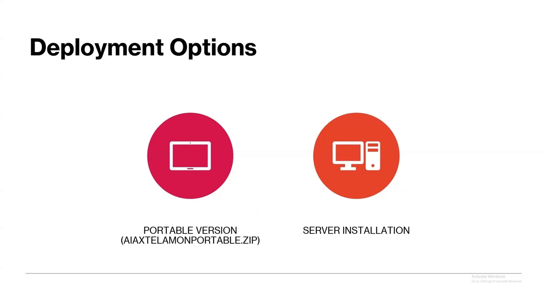This version is self-contained and doesn't require installation, just unzipping. And then we have a server-side installation, which requires self-installation on your own server, including setting up your own PHP and your SQL database, in MySQL, or on an Apache server, for example.